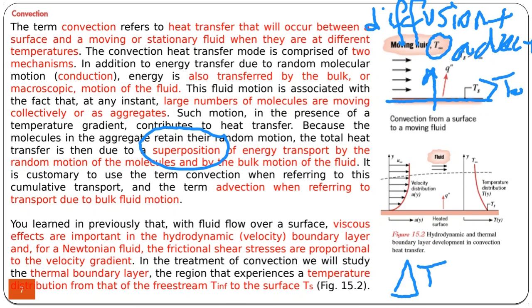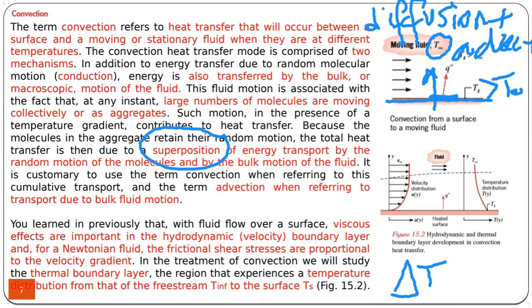So this is a typical convection case. There is fluid motion, there is a temperature difference, and also right at the surface of the plate there is a little bit of conduction too.